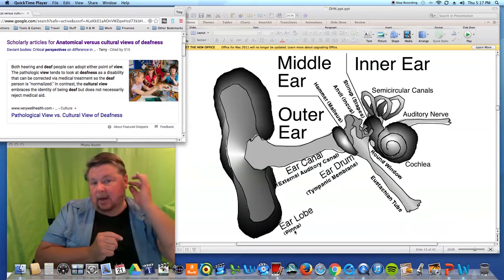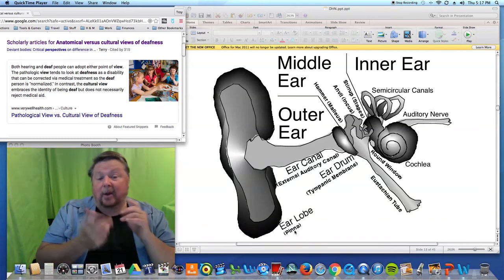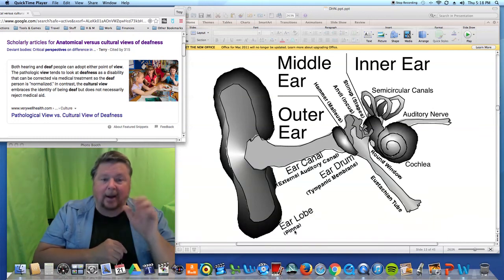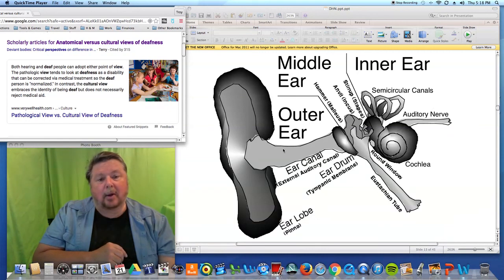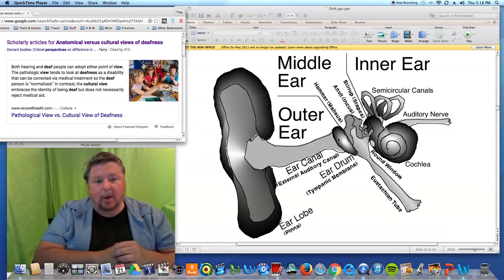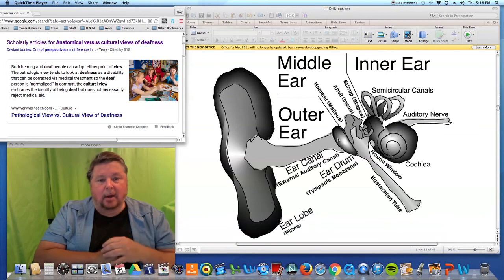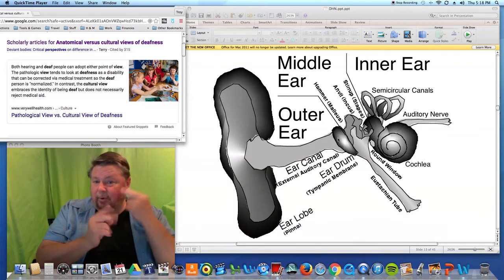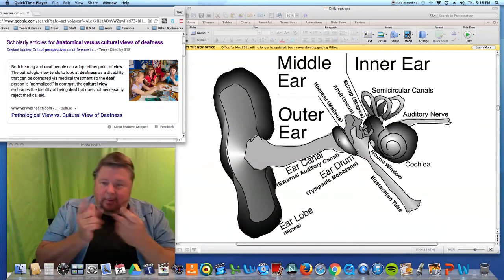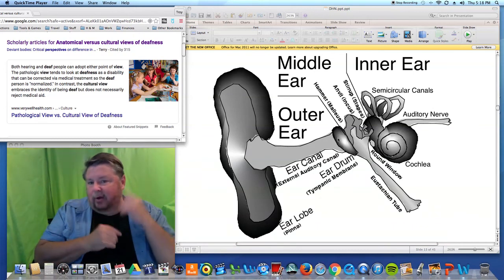You have the ear canal, which is the auditory canal. And then you have the ear drum, or the tympanic membrane. Those are visible, although sometimes you use a little otoscope to look and see how things are.